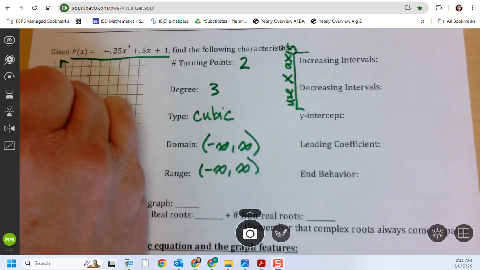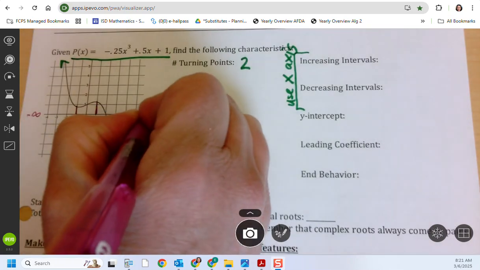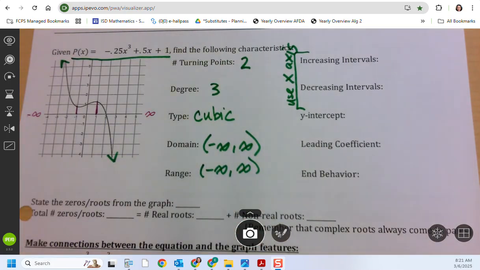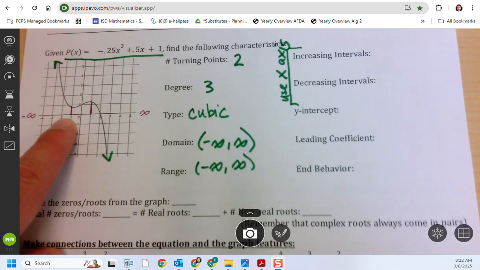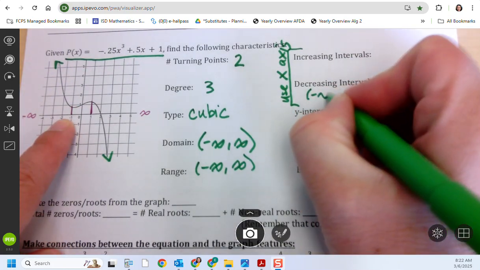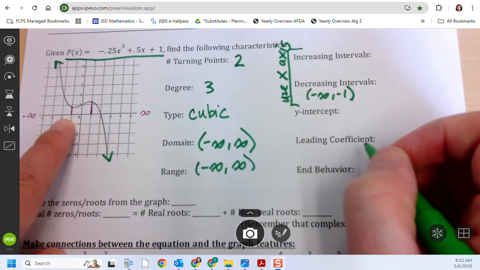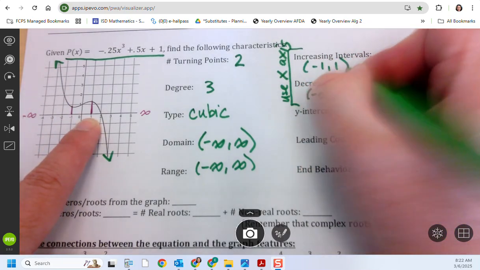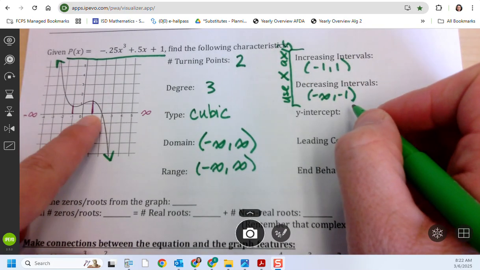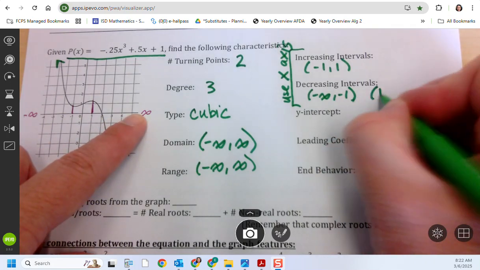And also add your negative infinity on the left and your positive infinity on the right. So then the first one is decreasing from negative infinity to -1. And then increasing from -1 to 1. And then finally decreasing from 1 to infinity.